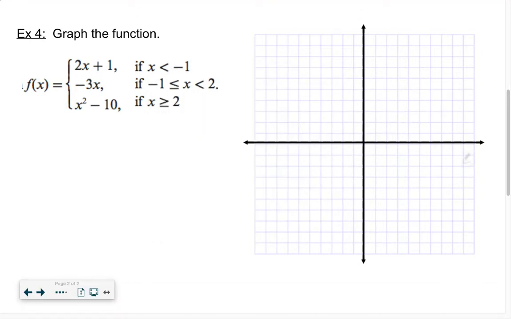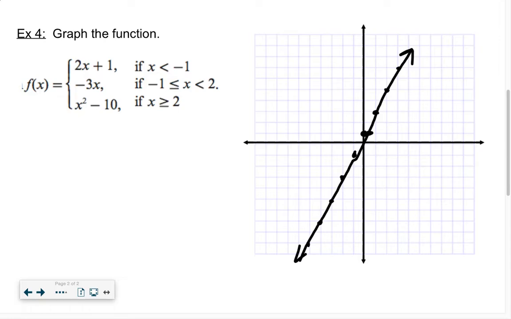Let's try it again. There we go. So the y-intercept is 1, slope is 2: up 2, right 1, up 2, right 1, up 2, right 1. So if we just plotted 2x plus 1, that would be our line, correct? But now what type of x's are we looking at here?